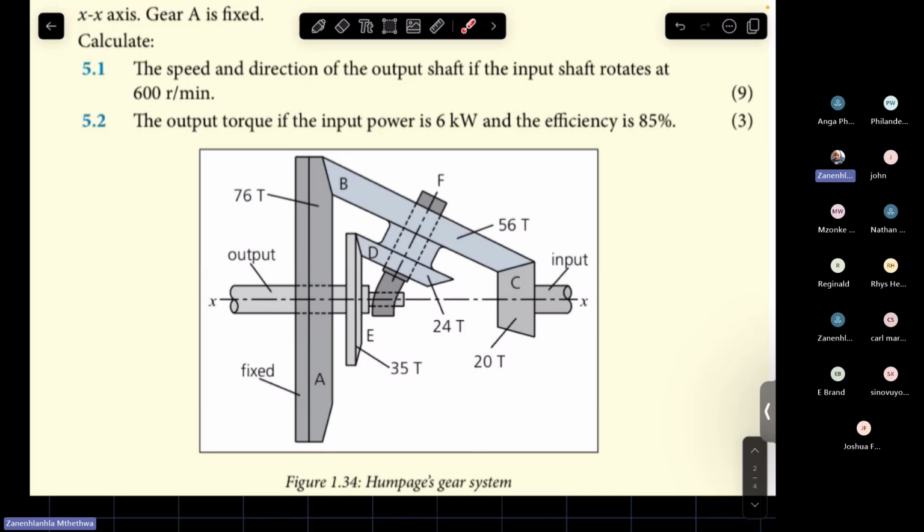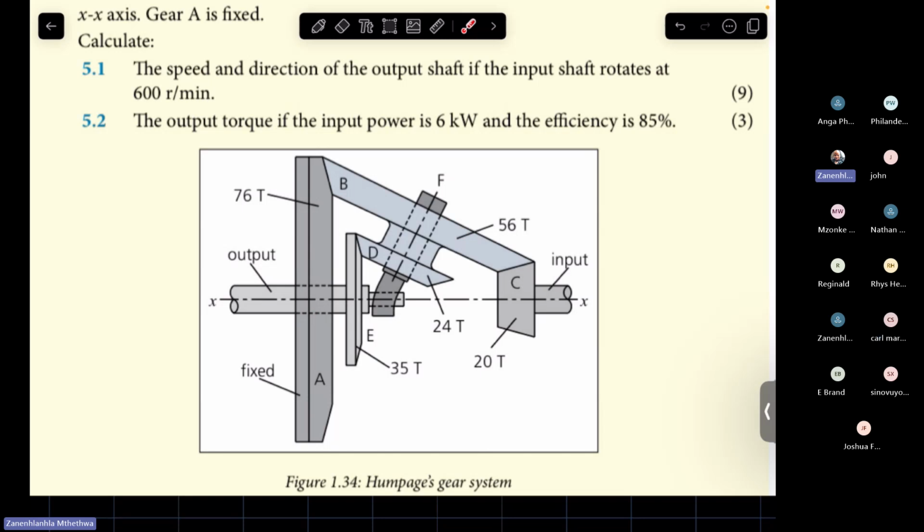I've never really come across such a case, because it looks to me like D is fixed. It's part of the gear. B and D looks like it's one, but A and E could be two. It could go independent, or you could actually make it the same.